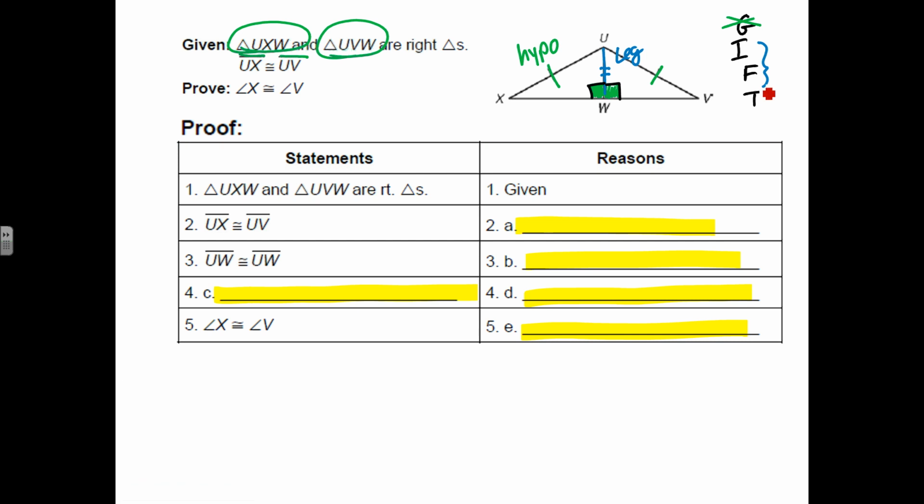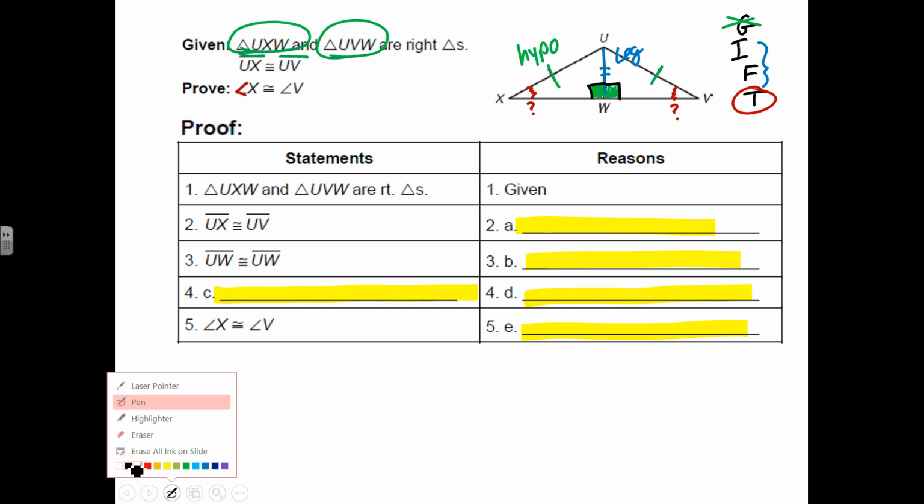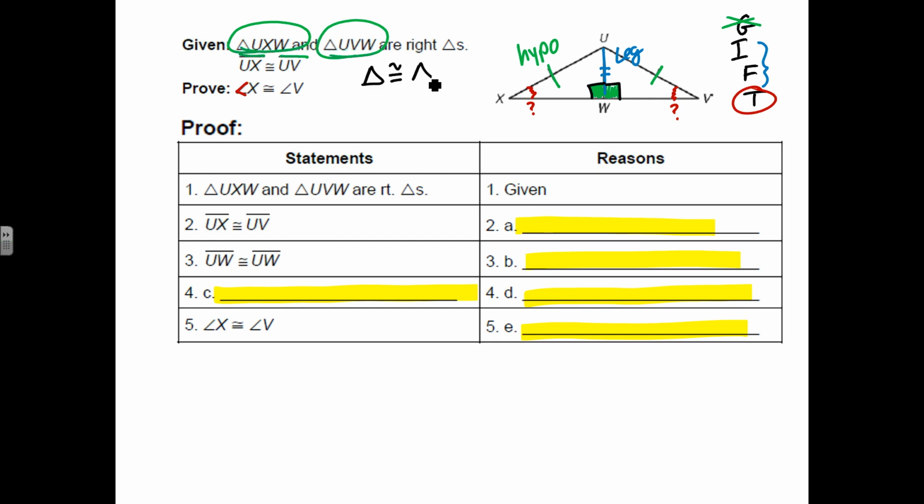Now let's talk through. We want to prove that X and V are congruent. Question mark there. If you can get the whole triangle congruent, then you can get the part congruent.